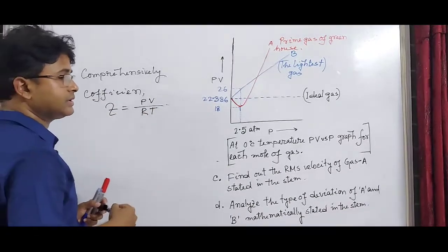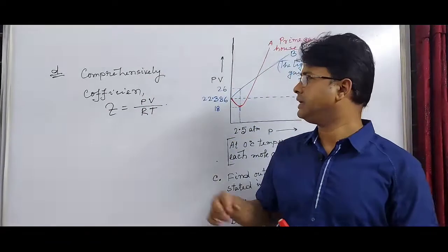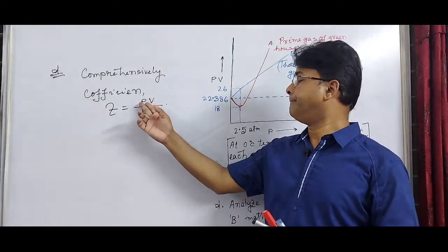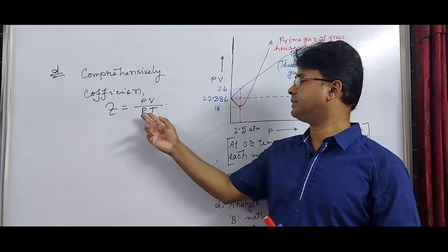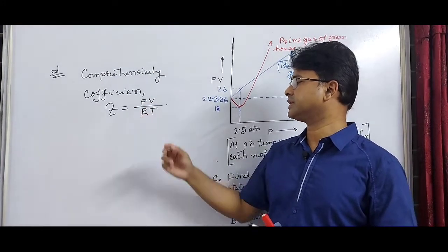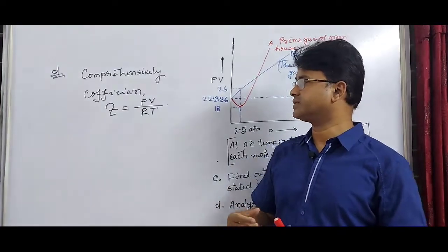So I can say the ratio of the multiplication of pressure and volume to the multiplication of molar gas constant and temperature is called the compressibility coefficient.